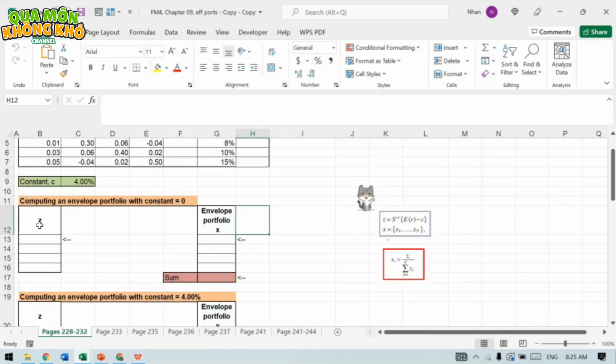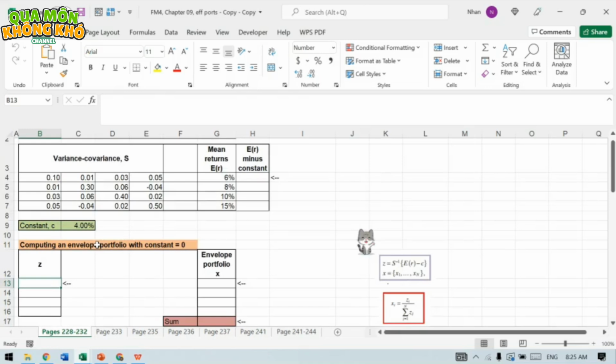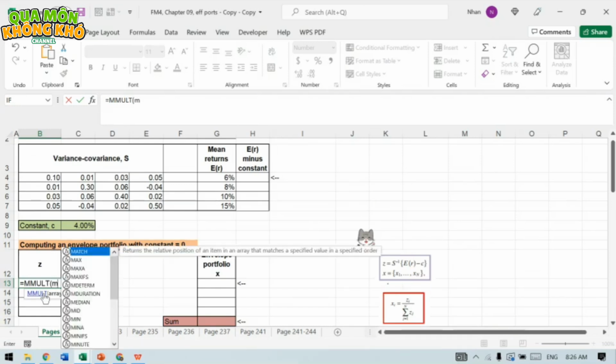For computing an envelope portfolio with constant equal to 0%, firstly I will find the vector Y. You can see the formula here. Y equals the inverse of the variance-covariance matrix times the expected return minus the constant. So I will use the function MMULT here, and for the inverse of the variance-covariance, we use the function inverse.